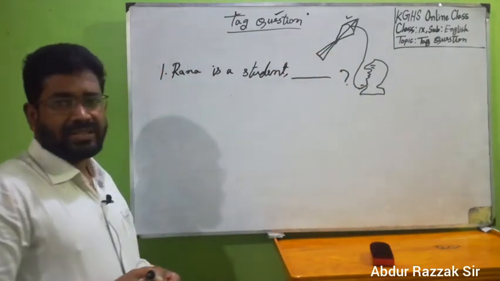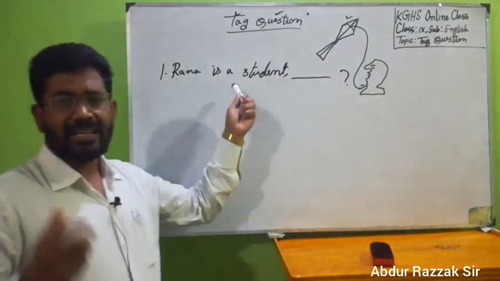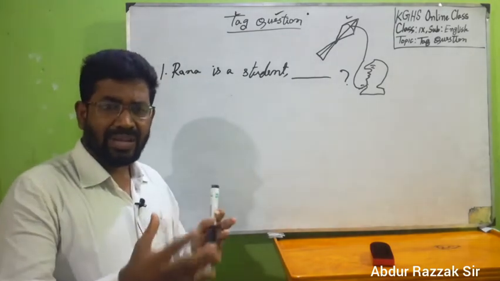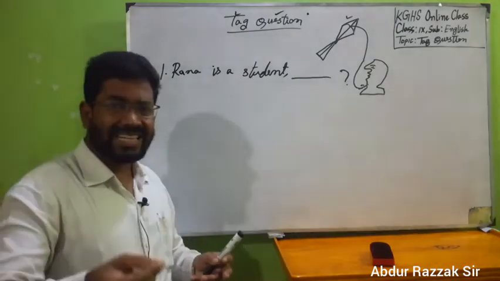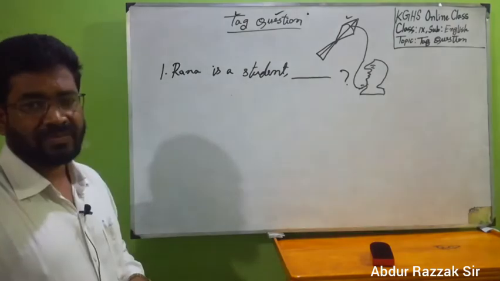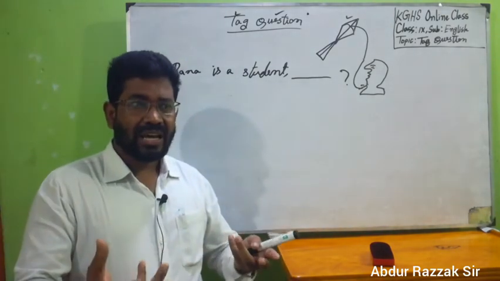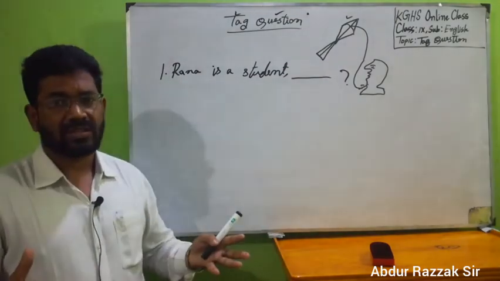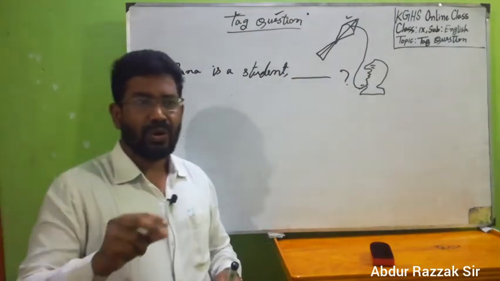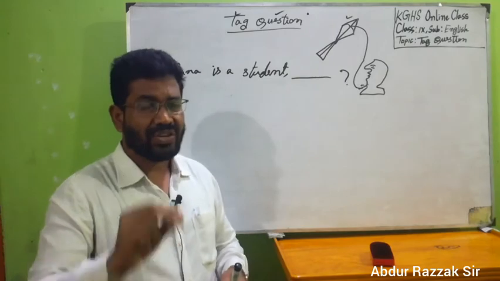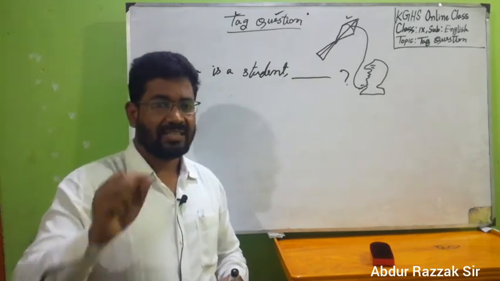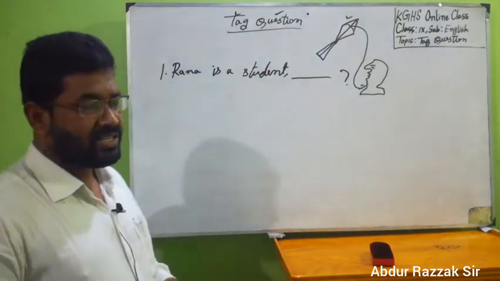Dear students, this is a statement. You can call it a description or assertion. If Rana is really a student or not, there is a question. So we have to use a question at the end of the sentence, and this is the question. Dear students, let's see the answer.